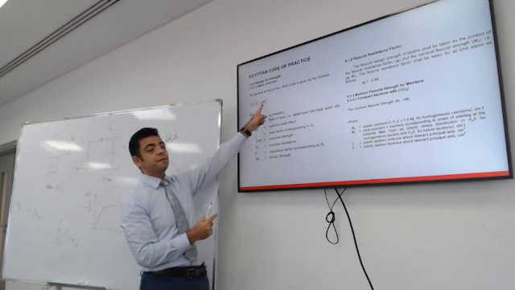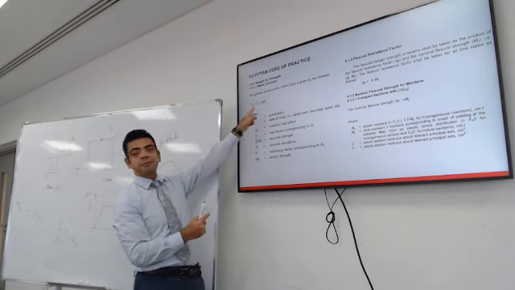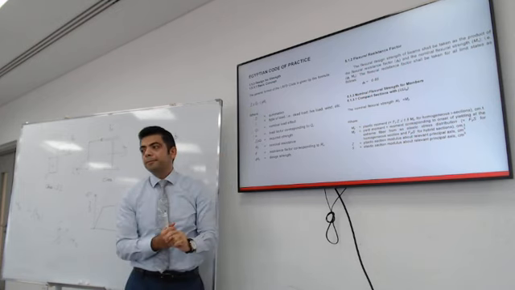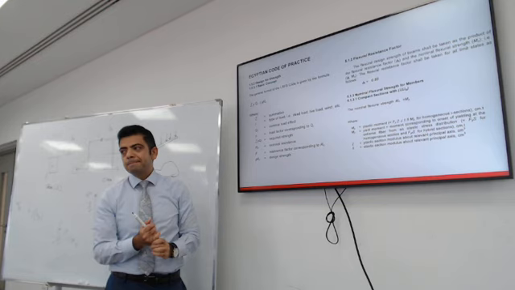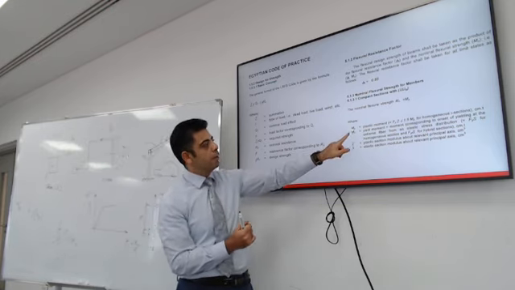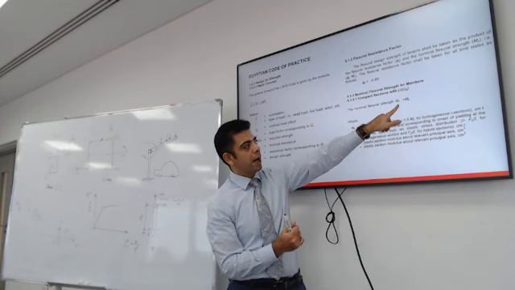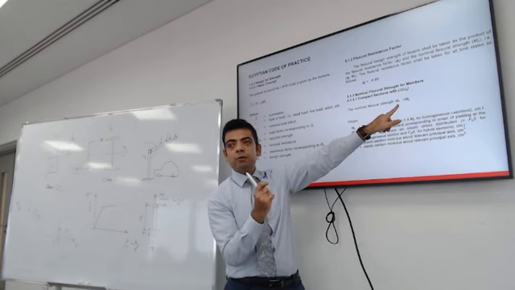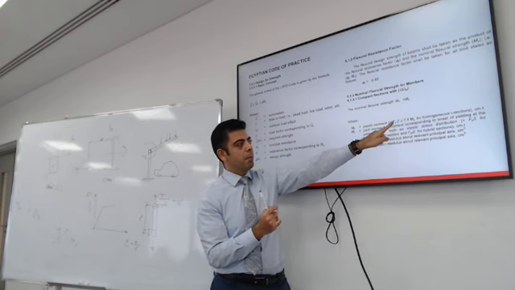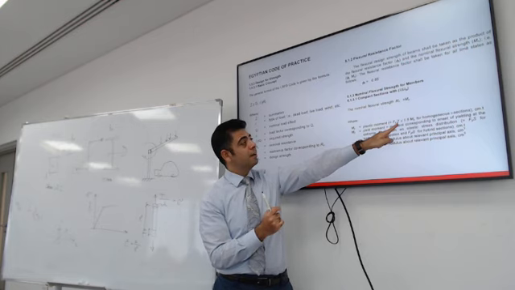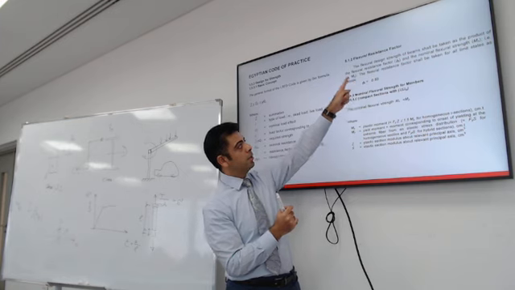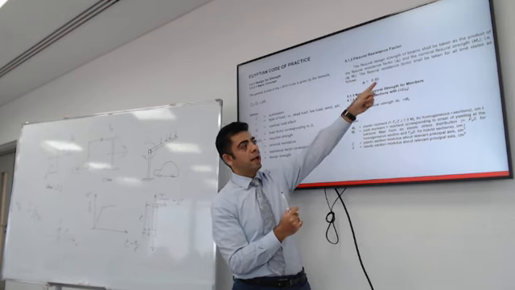There is a factor of safety for the load and a factor of safety for the resistance. Does that make sense? So how much is the moment capacity for a section in bending according to the Egyptian code? It's F yield multiplied by Z multiplied by this number here, the factor of safety, 0.85.